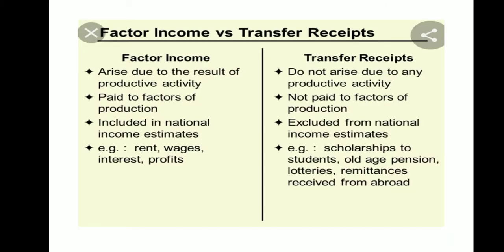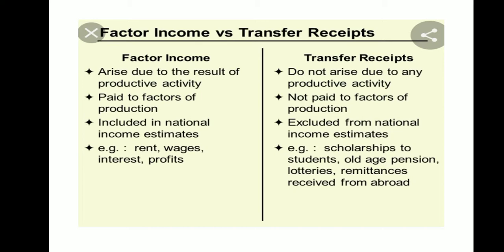Let us quickly recall the difference between factor income and transfer payment. Factor income arises as a result of productive activity, whereas transfer receipts do not arise due to any productive activity.